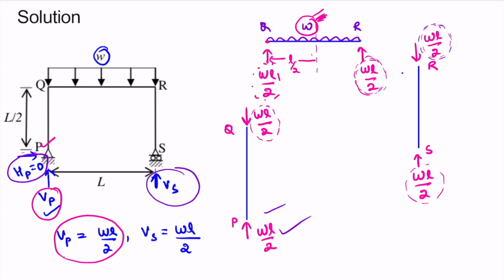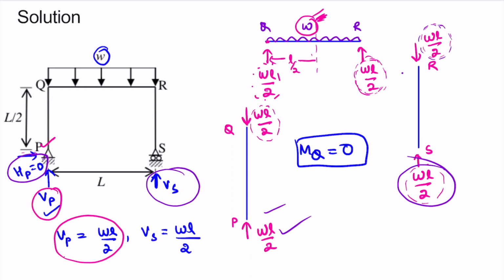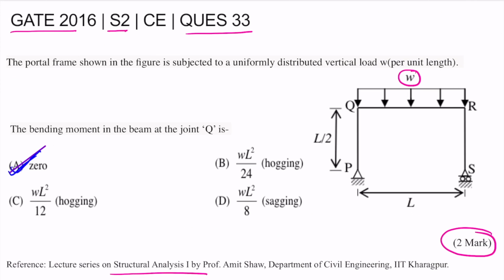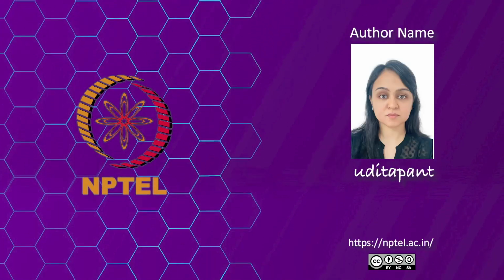And VS is WL by 2, and VS here is also WL by 2. So we can verify this at last, but at this stage we only needed to find the value of moment at Q, which is coming out to be 0. So the final answer here will be option number A.